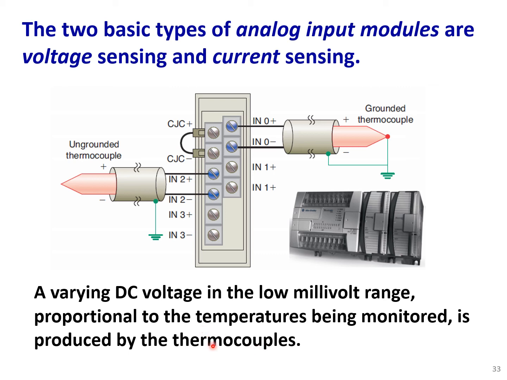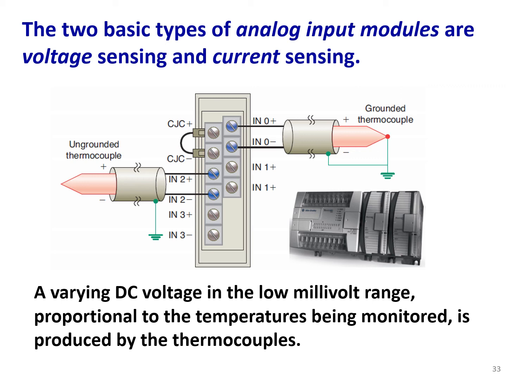So thermocouple basically is a device that measures temperature, and it's a kind of thermometer. And we need to convert that analog input, which is temperature, to a digital input, and that digital input could be used by PLC.